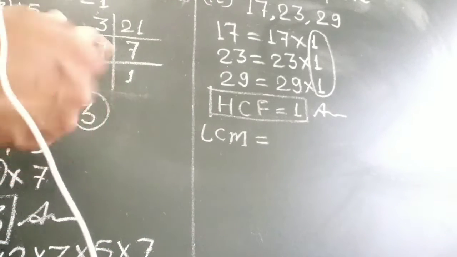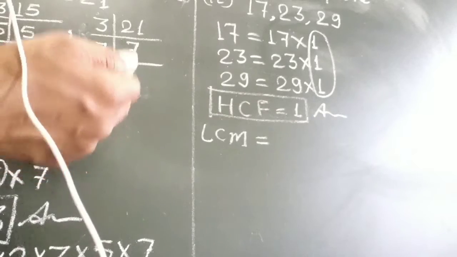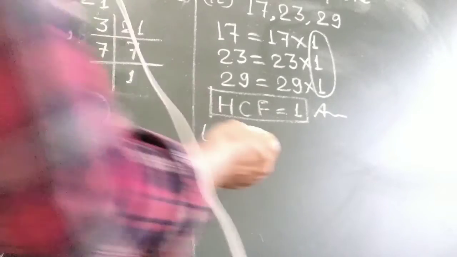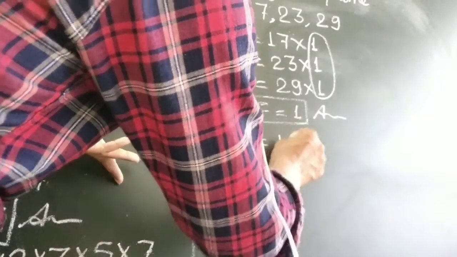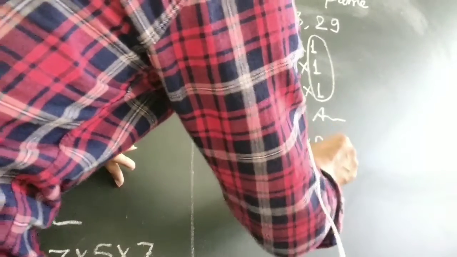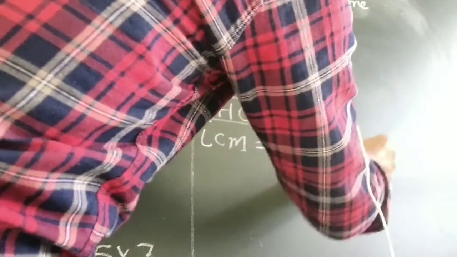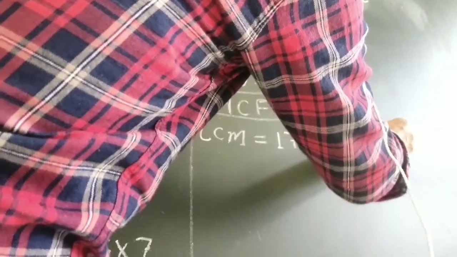दो और मोर देन 2 प्राइम नंबर्स का जो LCM होता है वो उनका प्रोडक्ट होता है. So 17 into 23 into 29.